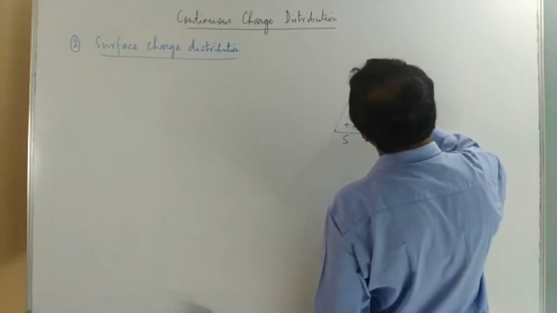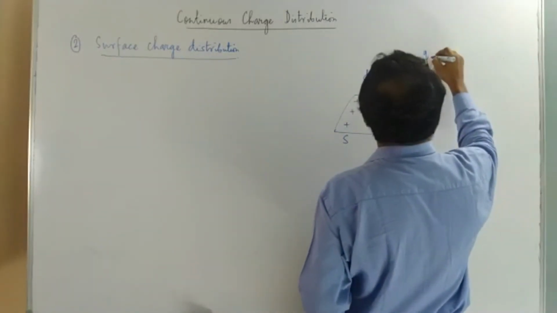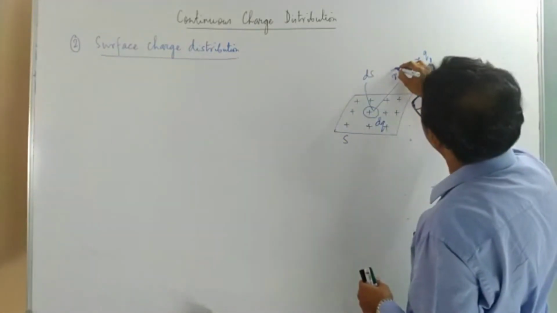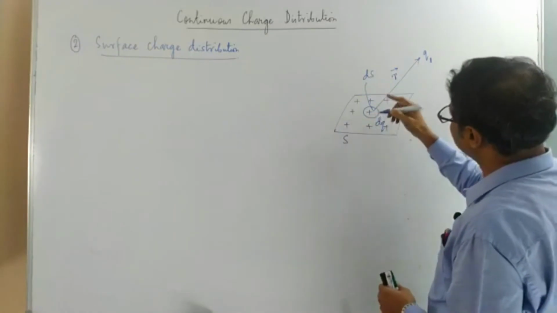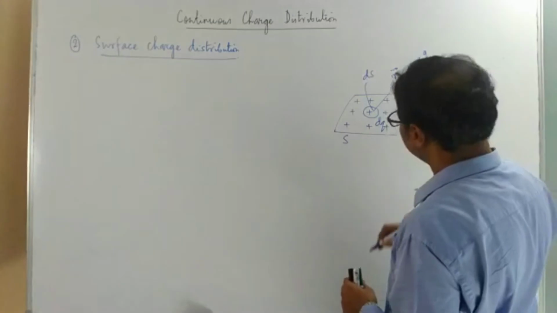I want to find out the force experienced by q0 charge, which is at a distance r from this surface element ds. We also consider a unit vector in the same direction.